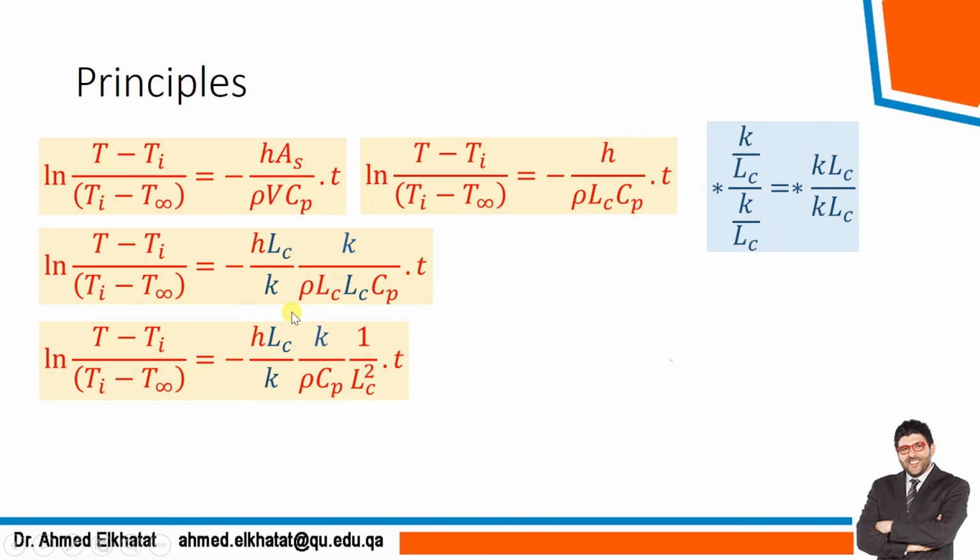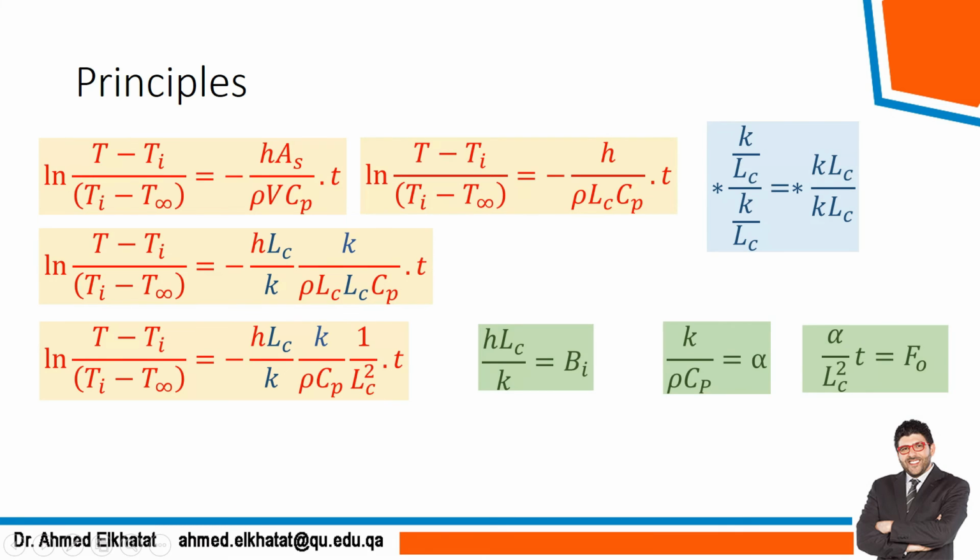Now this term h Lc over k is the Biot number, and k over rho cp is the thermal diffusivity. If I divide the thermal diffusivity times t by Lc squared, it will be the Fourier number. So we have here (T minus Ti) over (Ti minus T infinity) equals minus the Biot number times the Fourier number.